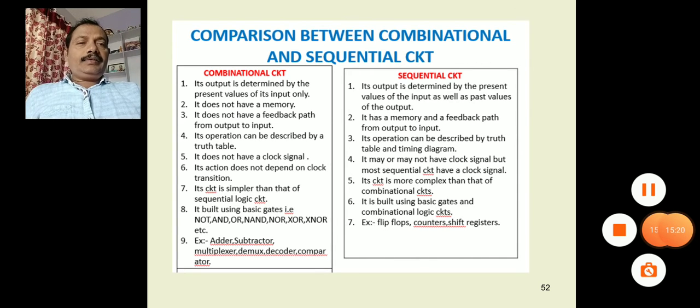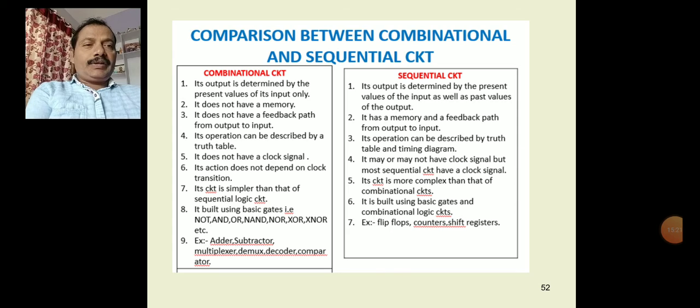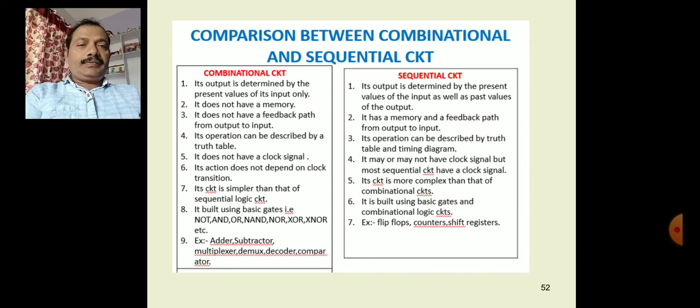And let us see the comparison between combinational and sequential circuits. In the combinational circuit, the output is determined by the present values of inputs only. And in the sequential logic circuit, the output is determined by the present values of the input as well as past values of the output.